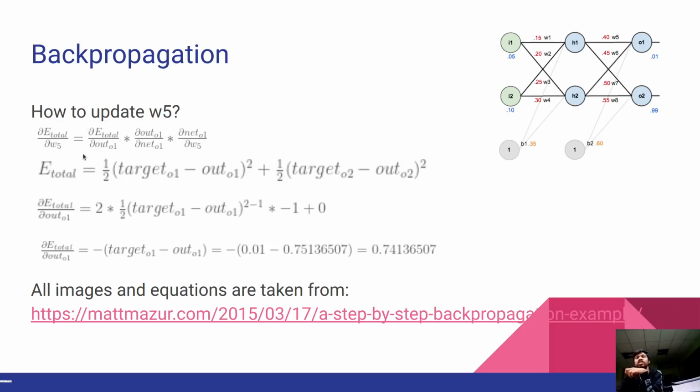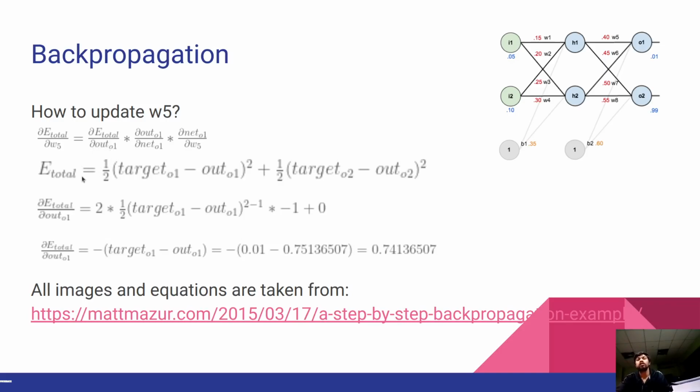E total is dependent upon out O1, and we know out O1 is dependent upon net O1, and net O1 is dependent upon W5. So this is the chain we are forming, and if we calculate these three, then we will get this value. So let's go step by step. E total with respect to out O1.